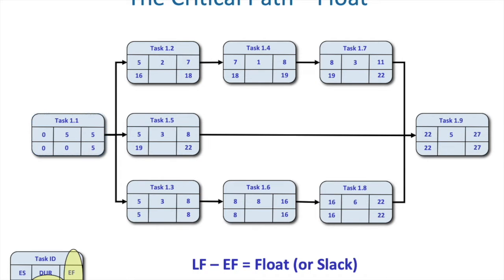Task 1.1. 5 minus 5 is 0. Task 1.2. 18 minus 7 is 11. Task 1.3. 8 minus 8 is 0. I'll go through the rest. You can see how we're doing.